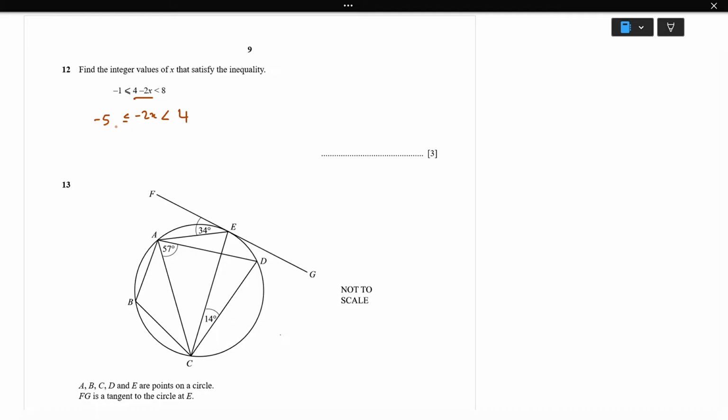When we divide or multiply by a negative, the sign will change. So here is a positive 5 over 2, greater than or equal to x, greater than negative 2. So our inequality changes like this: minus 2 less than x less than or equal to 5 over 2, which is 2.5. So the integers included here are minus 1, 0, 1, 2, because 2.5 is not an integer.